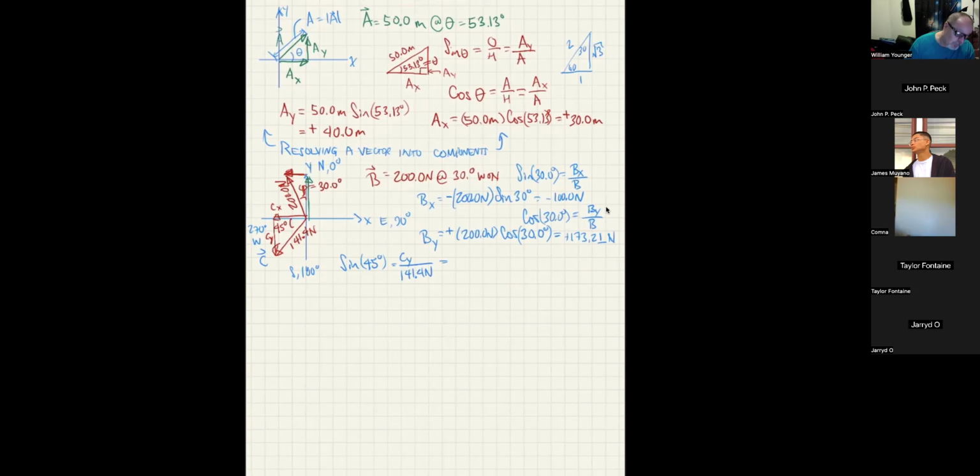So 141.4 times the sine of 45 degrees gives me essentially 100. It's 99.985. So I'm going to call this essentially negative, or actually, let me do it this way. I'm going to take an extra step here.